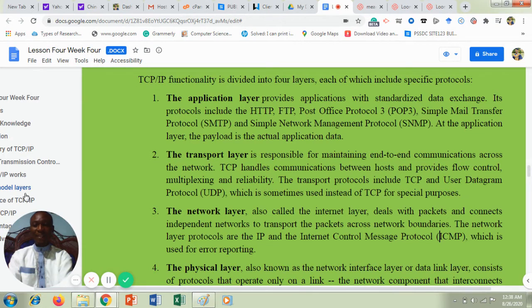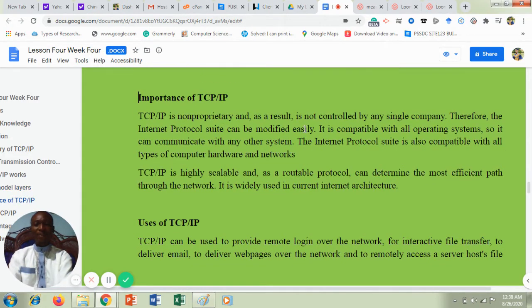Those are the layers. Now let's look at the importance. There are quite a number of them. It is compatible with all operating systems. This was designed for use in Unix, but as of today, it can work on Ubuntu, in Windows, and in so many other operating systems.